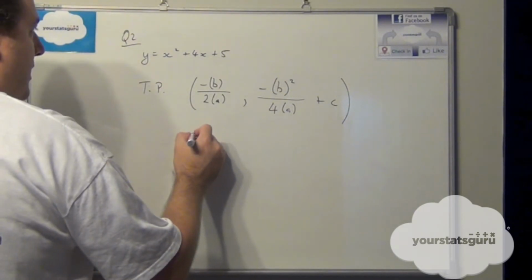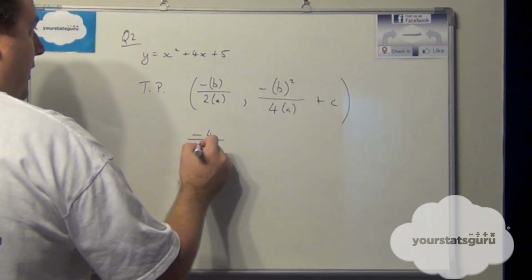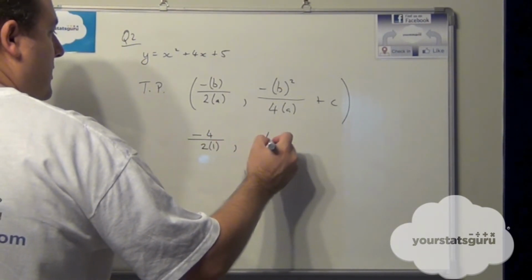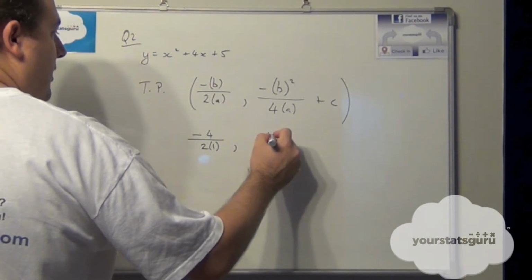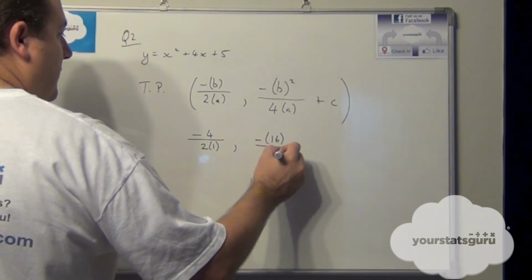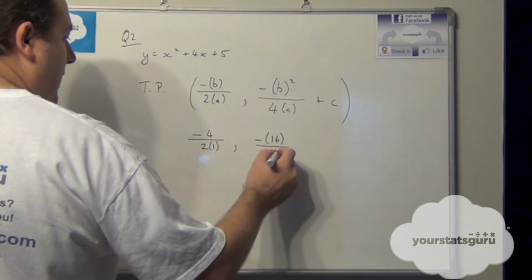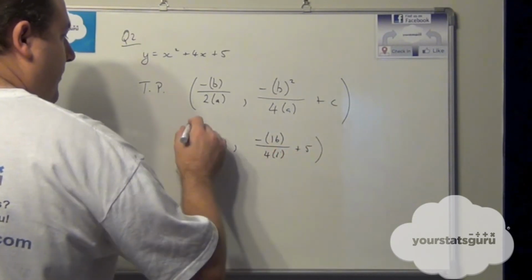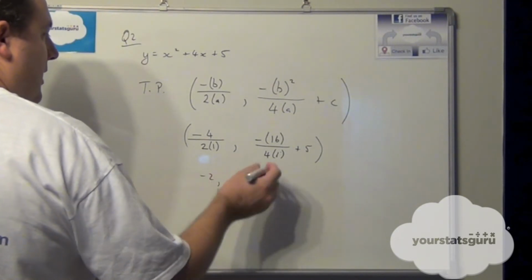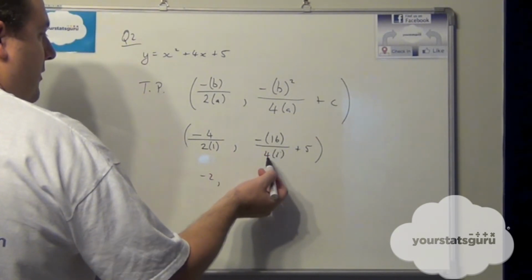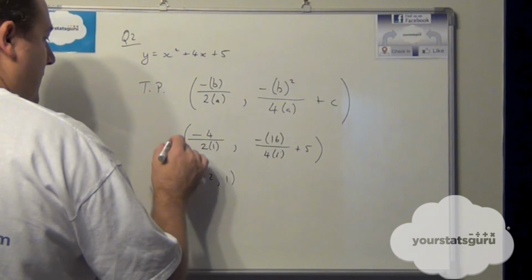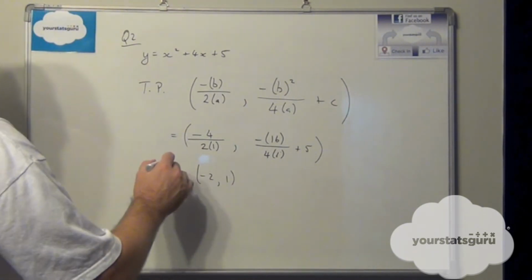So this becomes minus 4 over 2 times 1, comma, minus 4 squared, so minus 16 over 4 times 1, plus 5. Well, negative 4 over 2 is simply negative 2, and negative 16 over 4 is negative 4, plus 5 is 1. So that is our turning point.